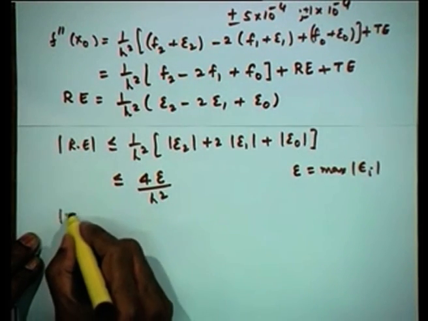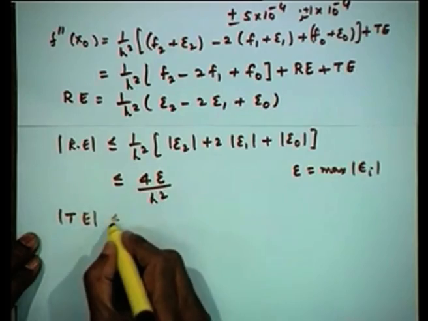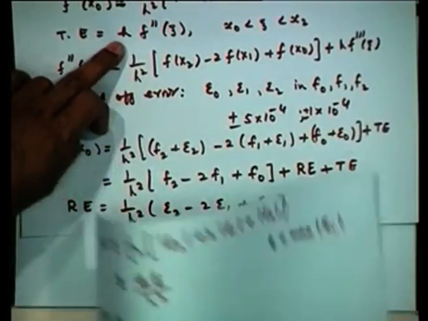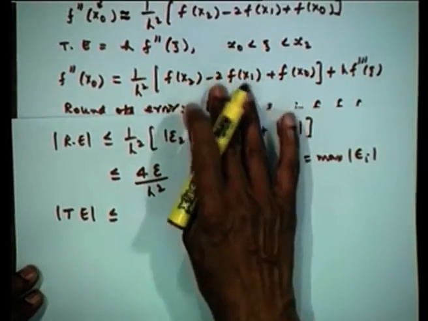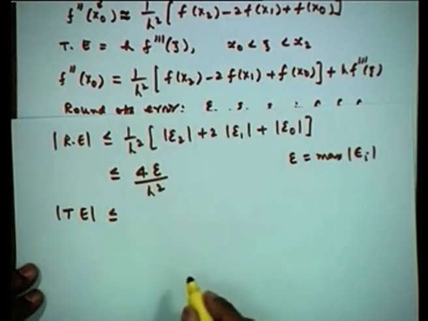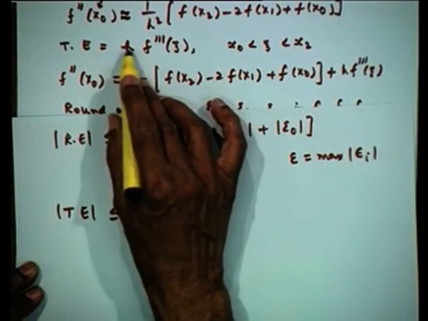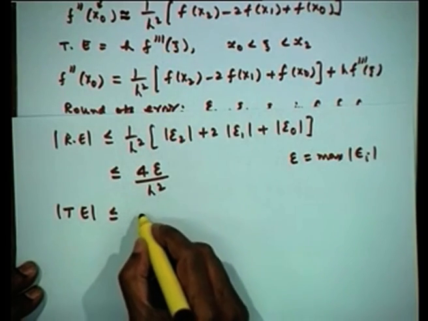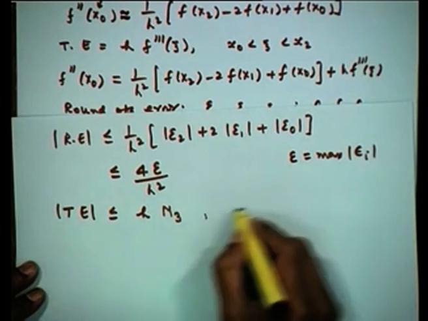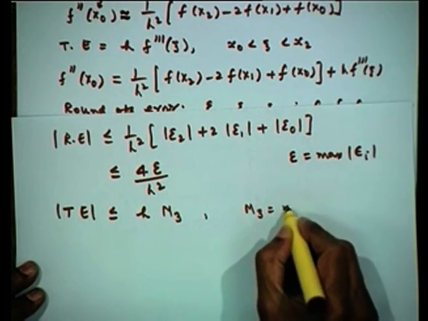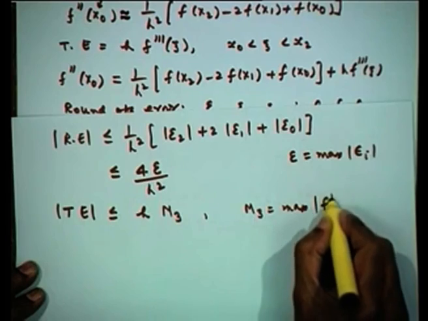And what is the magnitude of the truncation error? I think I had written it wrong, it is f triple dash. The truncation error is h f triple dash of xi, therefore, this will be h into M3, where M3 is the maximum of f triple dash of x.